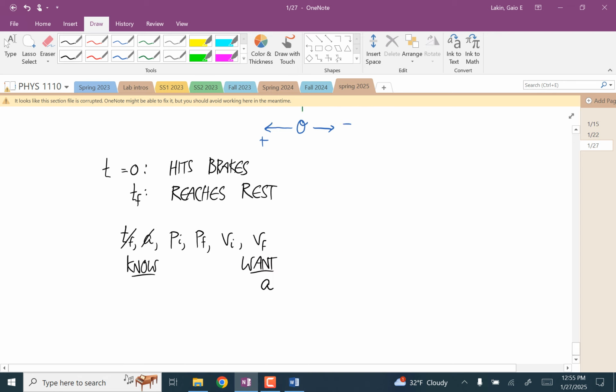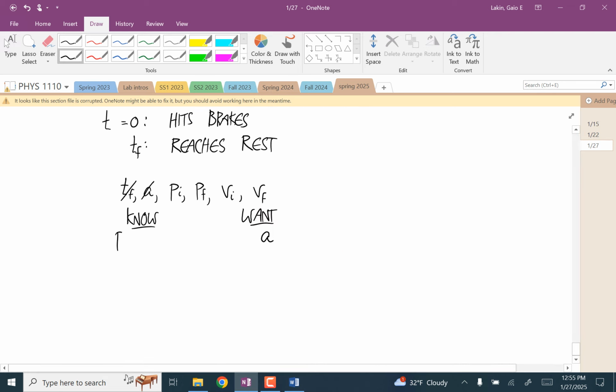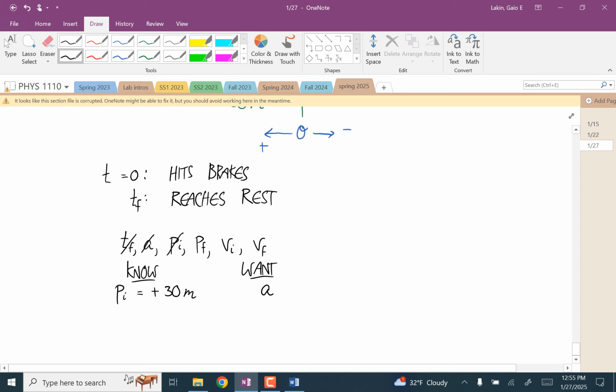Positive 30 meters. So our P initial is positive 30 meters. Do we know the car's position when it comes to rest, when we click the stopwatch off? Yeah, what's that? 0. Yeah, we chose that as 0.